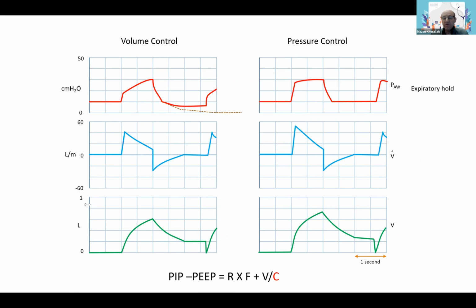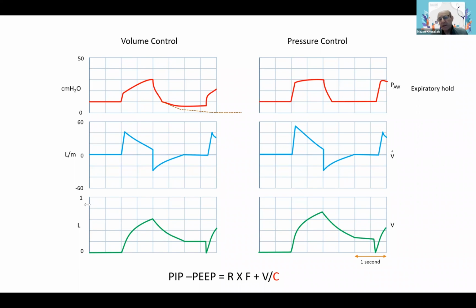However, if the leak is huge, you need to go down on the PEEP to 0, and that results in poor oxygenation, and you're not able to oxygenate the patient. Well, you cannot manage this with conventional method.